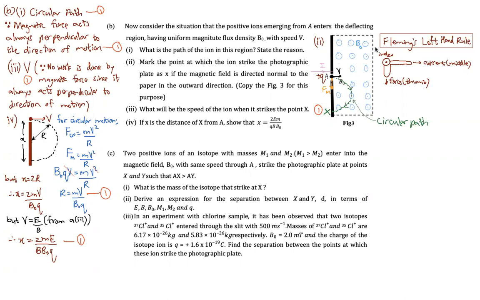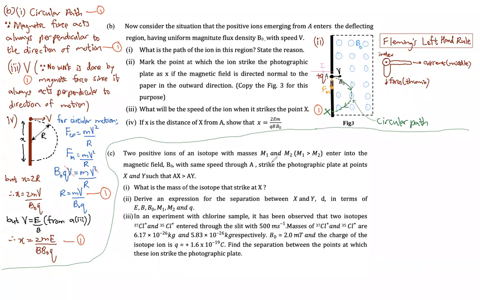Now let's focus on part C. Don't know whether we'll be able to complete part C here itself, but let's see. Two positive ions of an isotope with masses m1 and m2. We know isotopes have the same number of protons. They have different numbers of neutrons, so their masses are different.